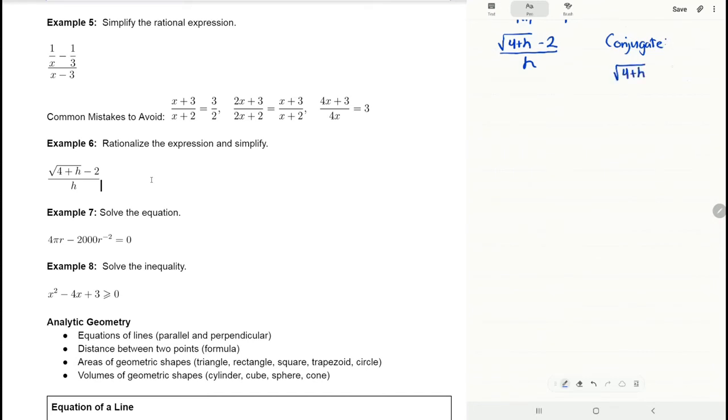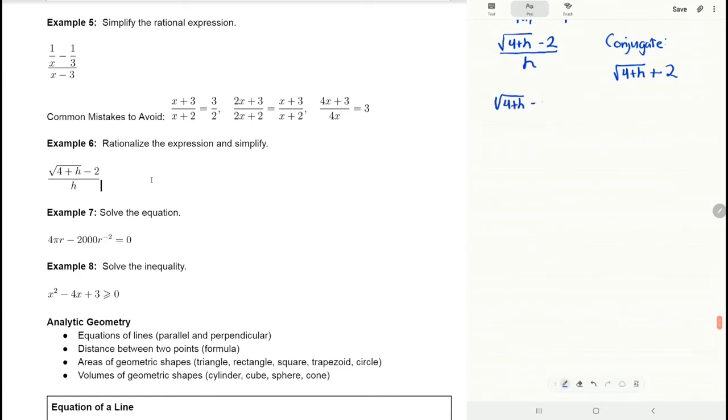So we have the square root of 4 plus h, and we have the 2, but we change the sign that is in between the two terms. So we go from a negative to a positive. So the square root of 4 plus h plus 2 is the conjugate of the square root of 4 plus h minus 2.